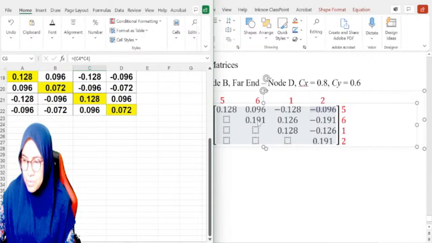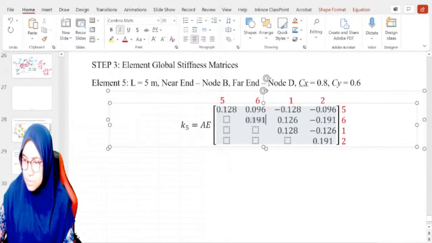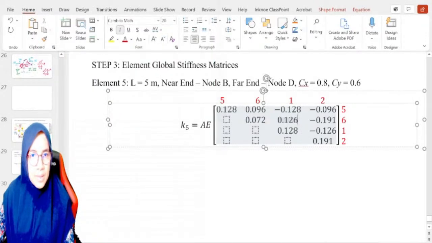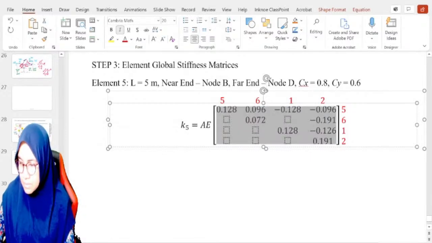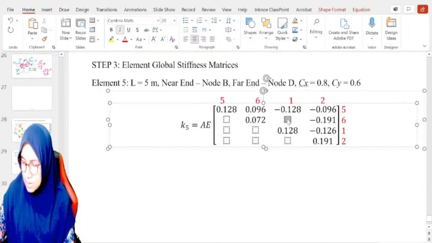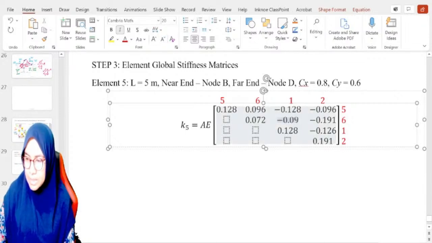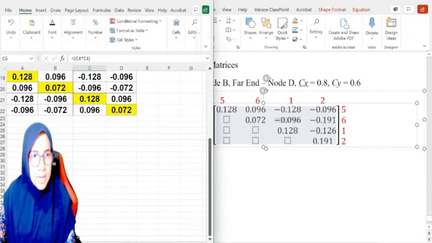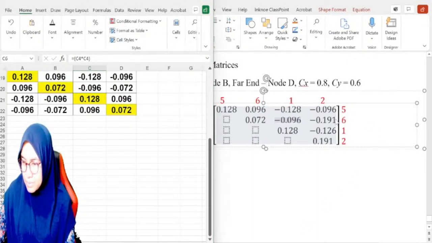Then 0.096, negative 0.096. Okay, the 66 entry is 0.072, then negative 0.096, negative 0.096, negative 0.072.